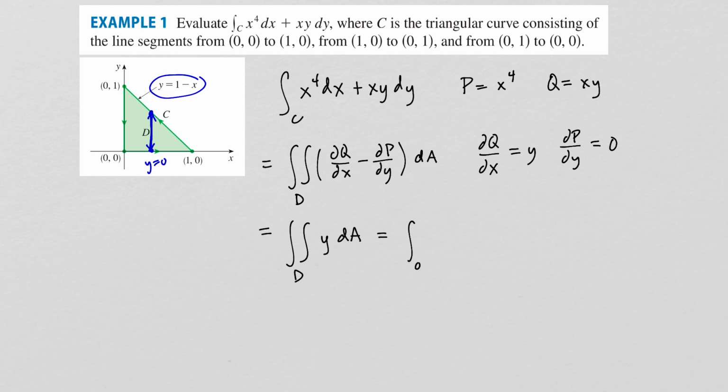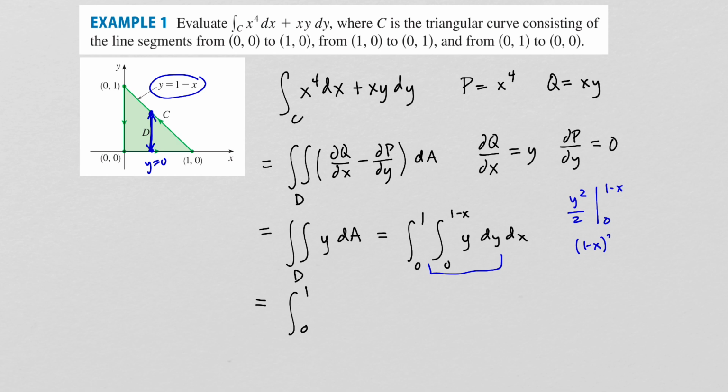So I'll have the integral from 0 to 1 of the integral from 0 to 1 minus x of y dy dx. Let's go ahead and evaluate this one. That's going to be y squared divided by 2 from 0 to 1 minus x, which is (1 minus x) quantity squared divided by 2.